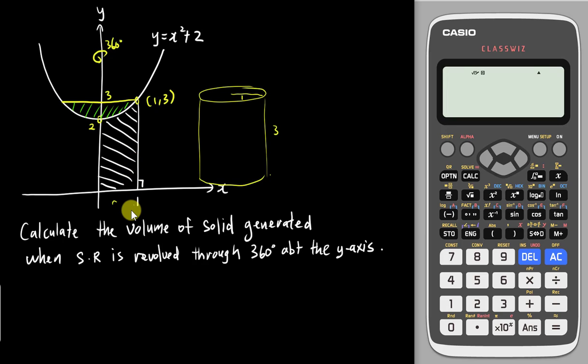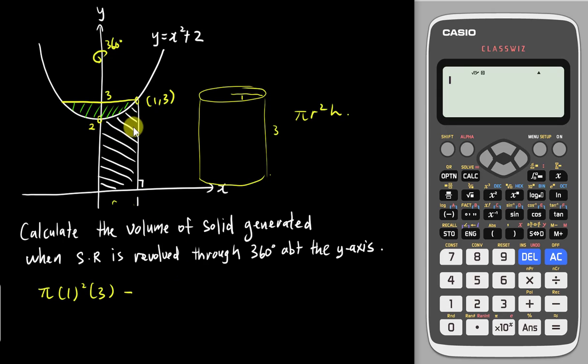Okay, so right now, the volume of the cylinder here will be pi r squared h, isn't it? So I will just do pi, my r is 1 squared, h will be 3, minus this green color volume here.